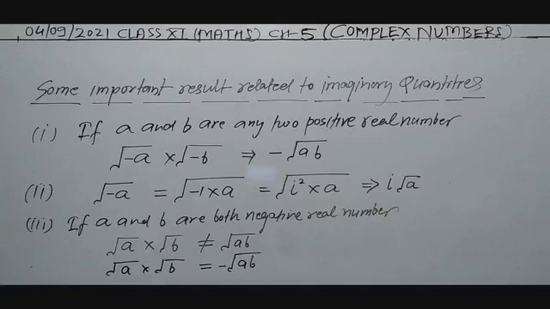Similarly, root of minus a we can write i times root a. And if a and b both are negative, in case what will be the result? Result will be root over a into root over b is not equal to root over ab, or is equal to root over minus ab.